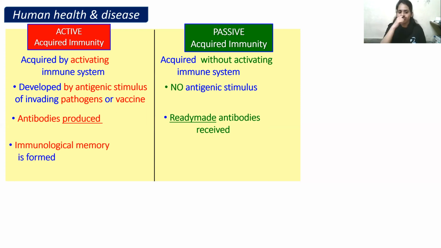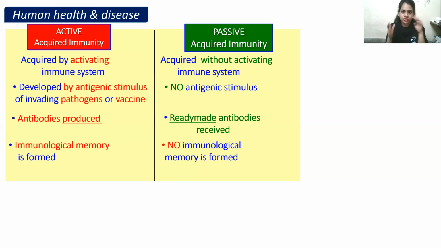In active acquired immunity, immunological memory is formed, because there is an exposure to the pathogen. During the first encounter, it gets stored in our memory. So whenever there is a next encounter, our body functions very quickly and in a stronger way. Whereas in passive immunity, no immunological memory is formed. I hope you are clear between active and passive acquired immunity.